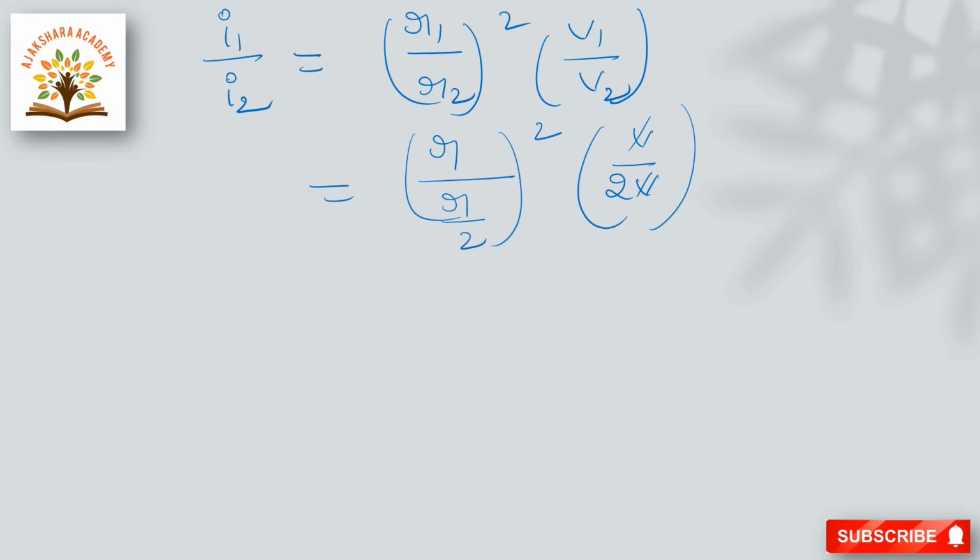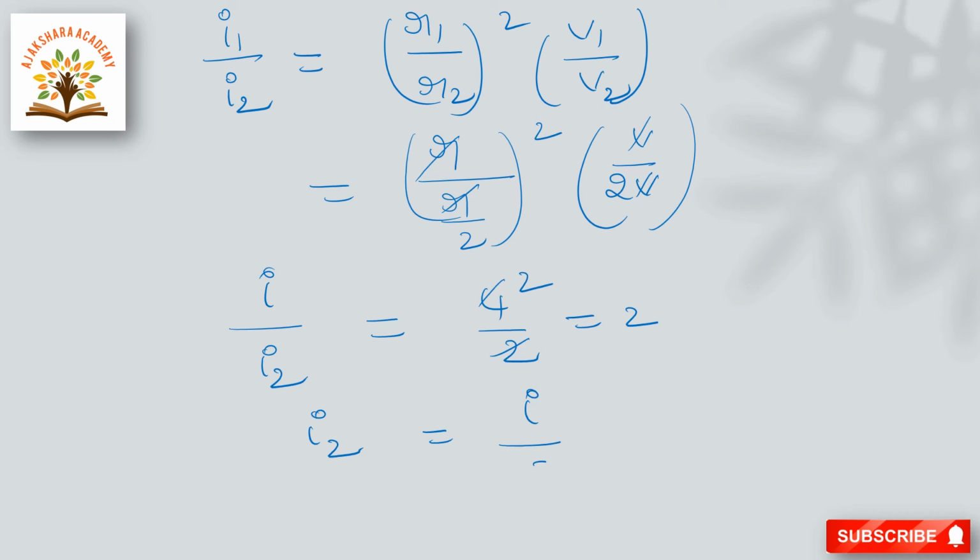V gets cancelled, R gets cancelled. So I by I2 is equal to 4 by 2, 2 ones, 2 twos. So I2 is equal to I by 2. Okay, next we will go to the next question.